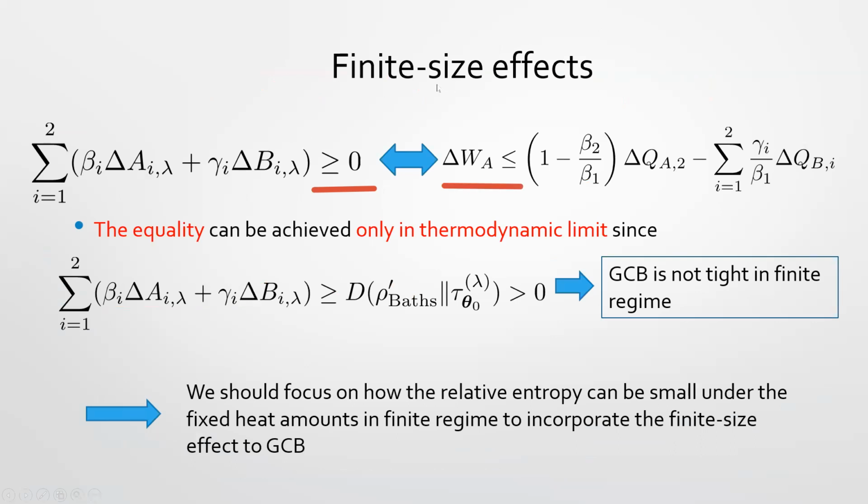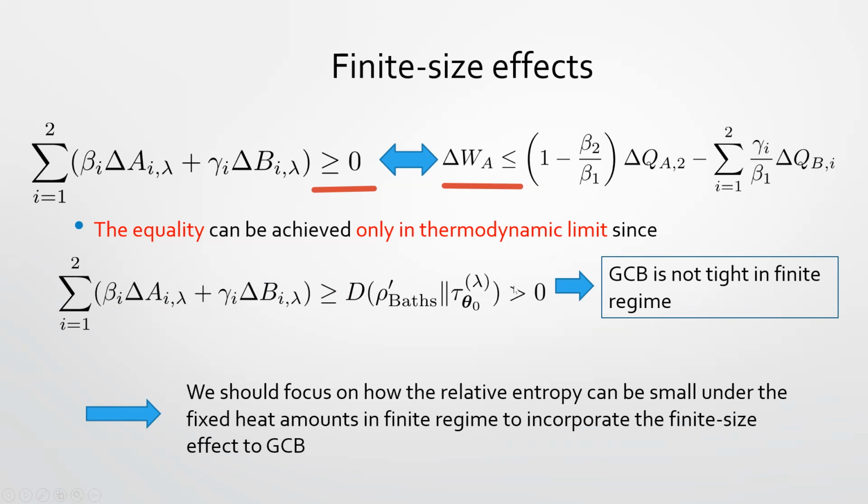So then we have to consider the finite size effect in the same way. Of course, this inequality implies this upper bound for the amount of work extraction. And similarly, this strict inequality is very serious. Usually, we cannot realize equality due to the finiteness of our system.